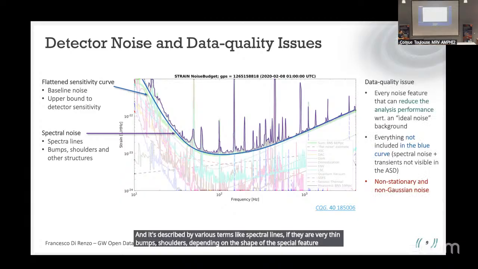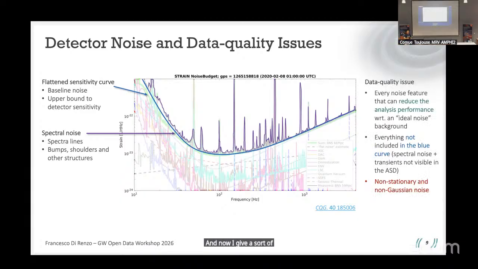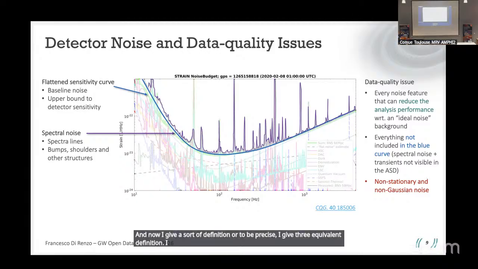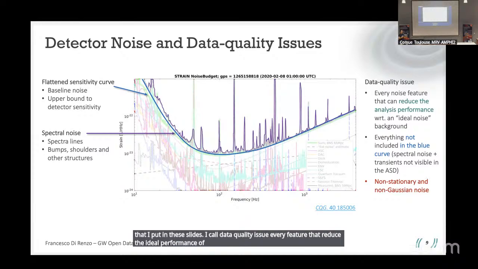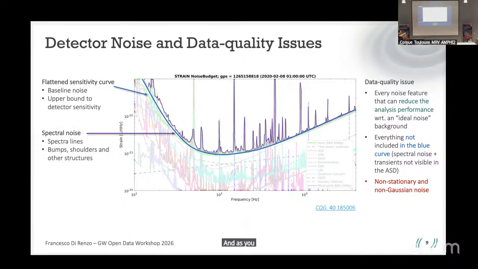And now I give a sort of definition, or to be precise, I give three equivalent definitions. I call data quality issue, probably one of the most important terms in these slides, every noise feature that reduces the ideal performance of our analysis. As you remember, I referred to this blue curve as a sort of idealized, baseline sensitivity.